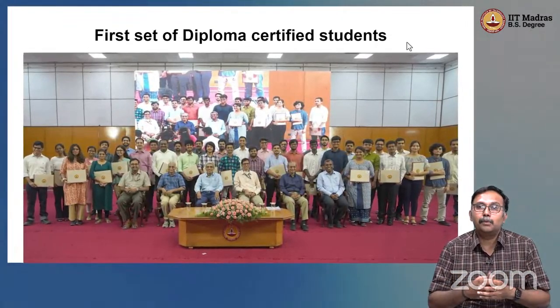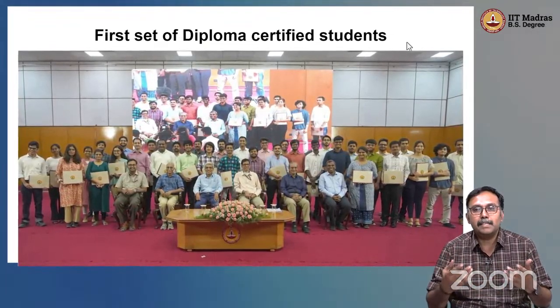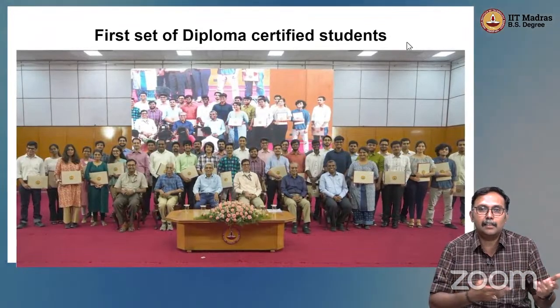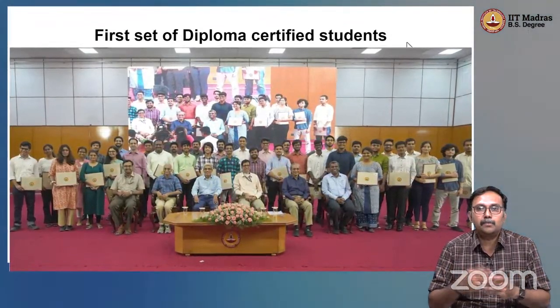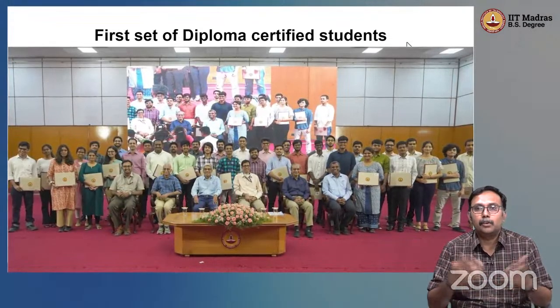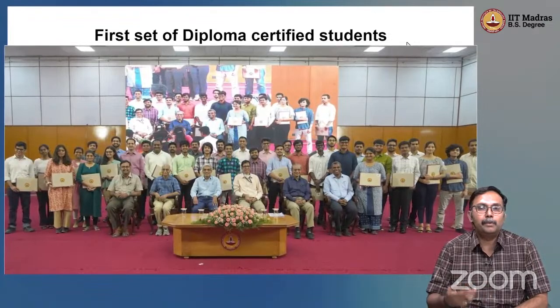This year we are all very excited because the first set of students who have completed the BSc degree will be getting their final diplomas when they are quitting, and we will also be awarding the provisionals for the students who have completed the requirements for the BS degree. So we look forward to having all of you here, and you will all be witnessing history happen this May.